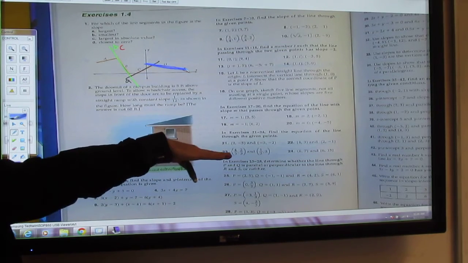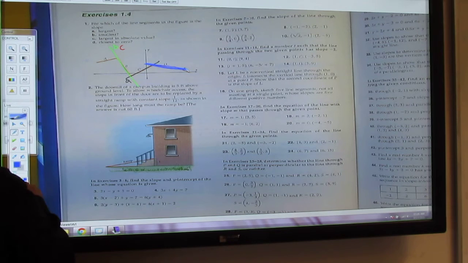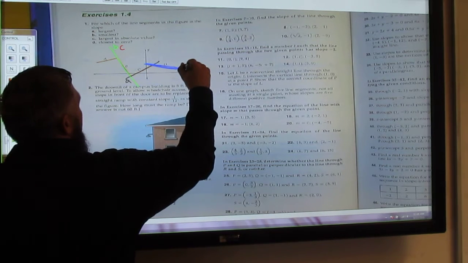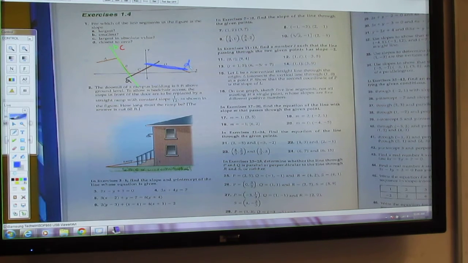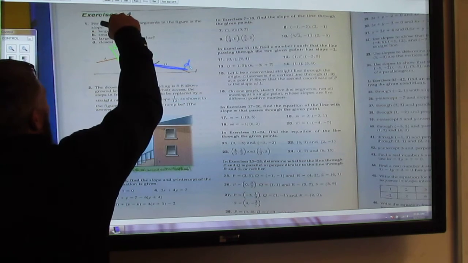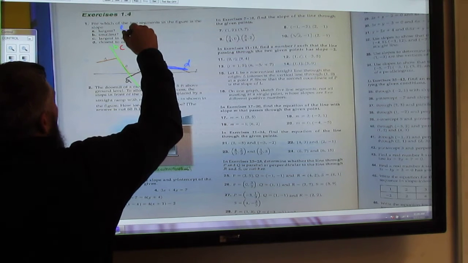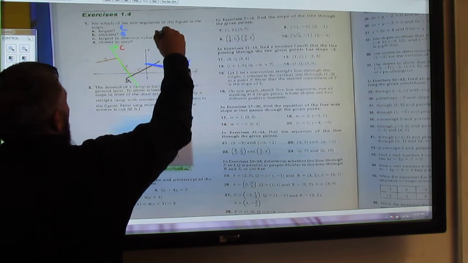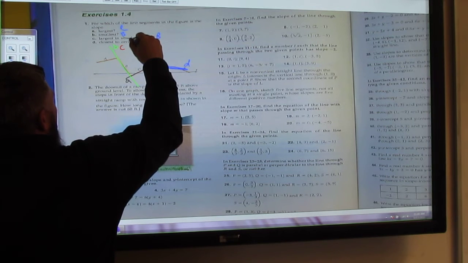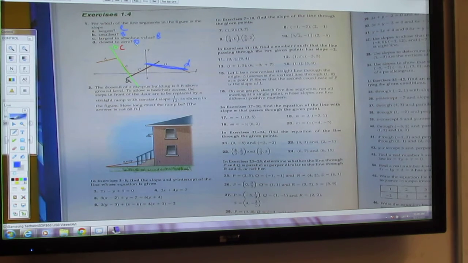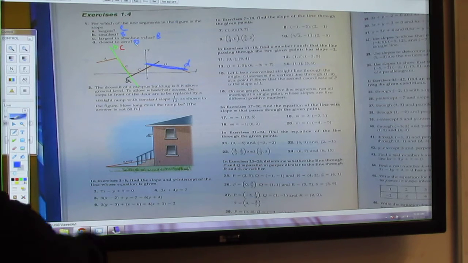That one's just the flattest. Does that make sense? The closest to 0 would be D. Okay? So, in other words, A is C, B is B, and C is B, and D is D. Okay? Alright. Let's step up to 3.